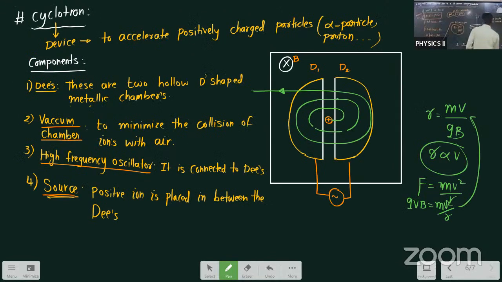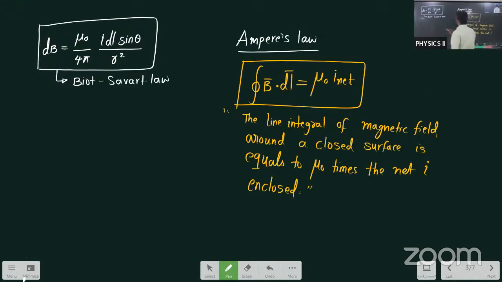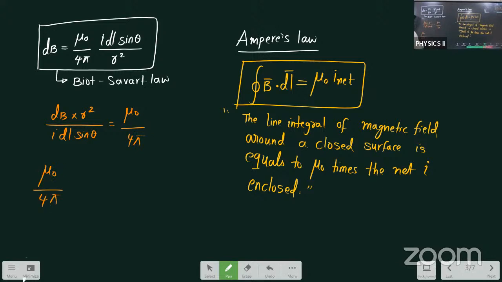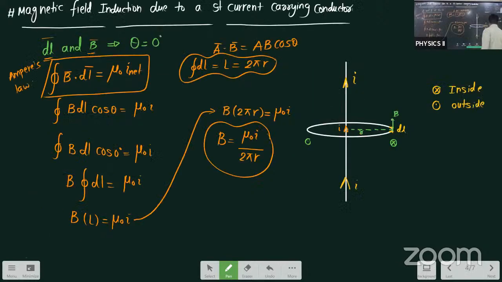In the previous video we discussed that dB into r square divided by I dl sin theta is equal to mu naught by 4 pi. The value of mu naught by 4 pi was 10 power minus 7 Henry per meter. Or you can also write mu naught is equal to 4 pi into 10 power minus 7. So remember this value.